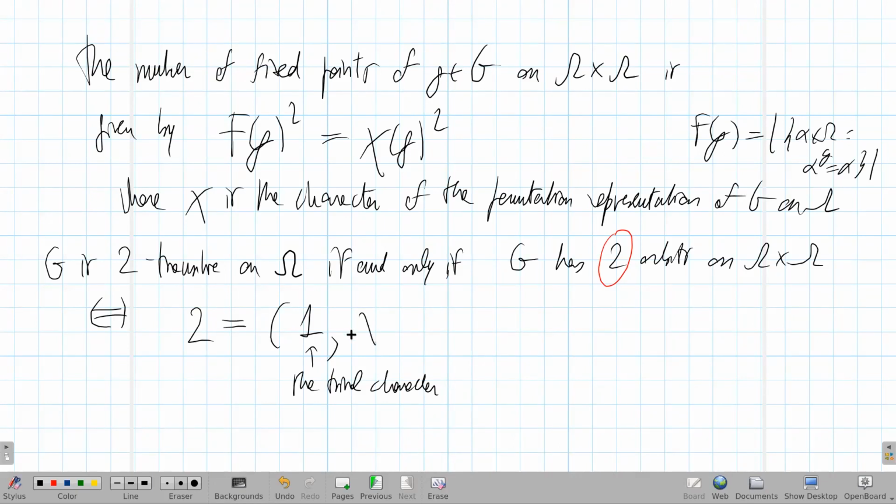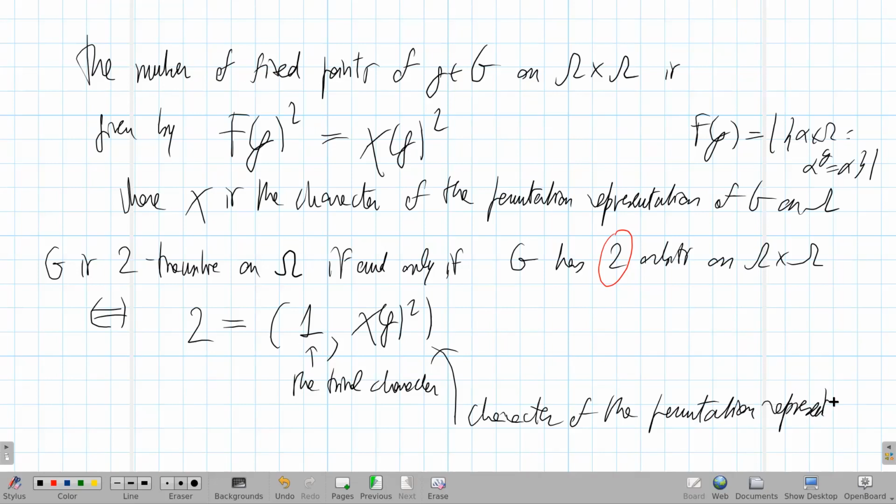And this is exactly, as we saw, chi of g squared. We just counted, because the character of a permutation representation is particularly easy: it's the number of fixed points, and in this case, pairs of fixed points. So this is this scalar product.